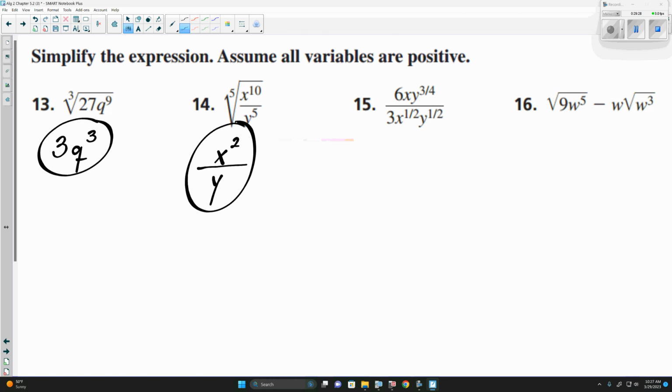This one here, we can start with the numbers. 6 divided by 3 is 2. X, we'd have 1 minus a half. Now this time, we do have a y on top and bottom. So it'd be y to the 3/4 minus 1/2.